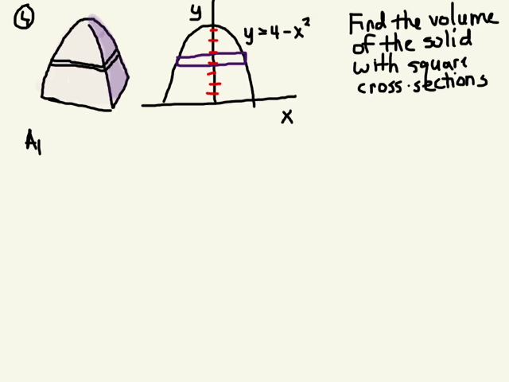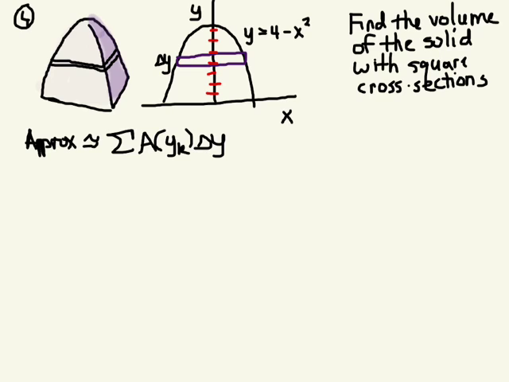So our approximation would be given by a sum of the areas of our cross-section for some certain height, so that's our area of cross-section, and then times the thickness, delta y, where delta y is the thickness of a partition subinterval.